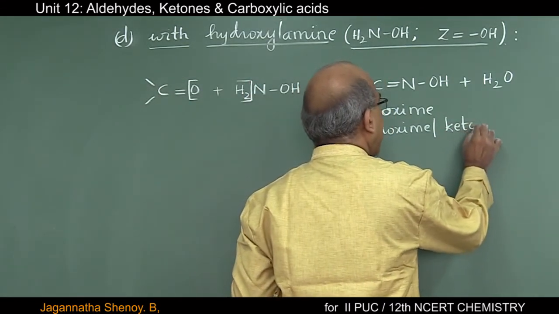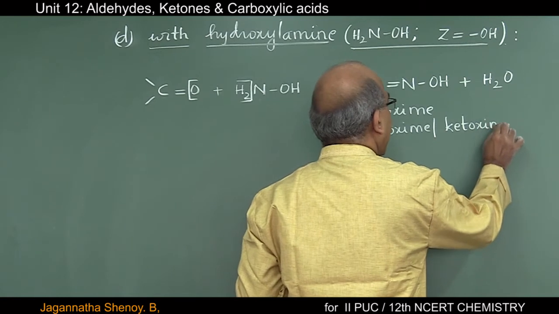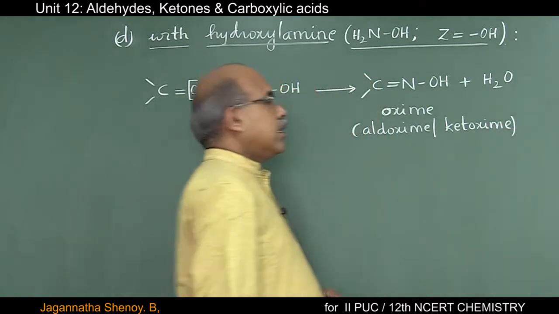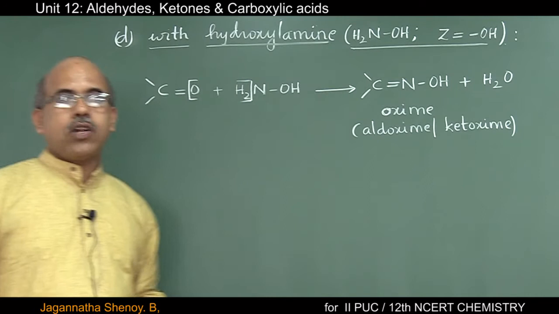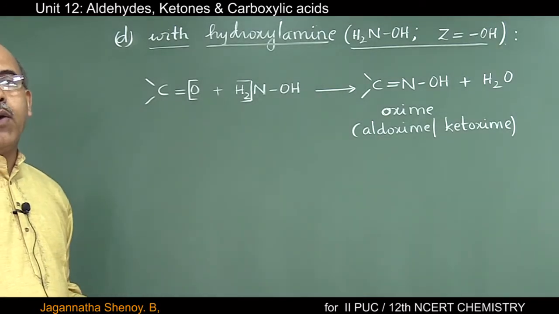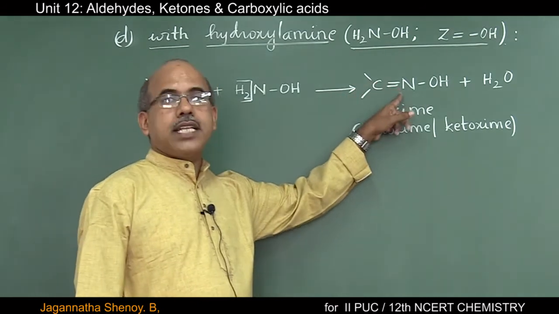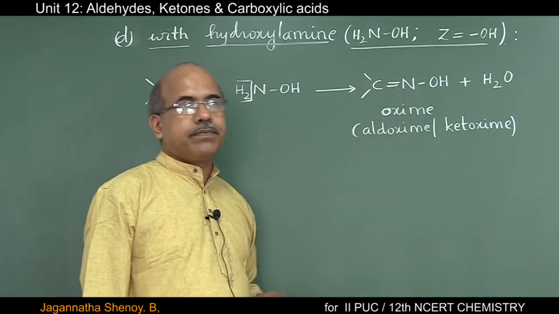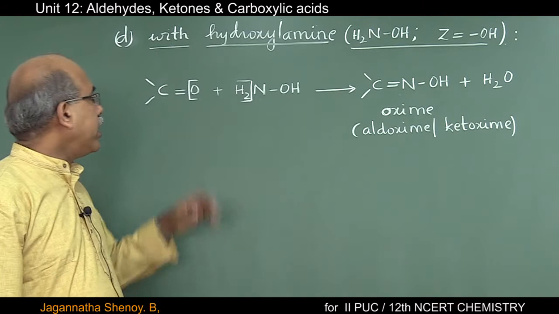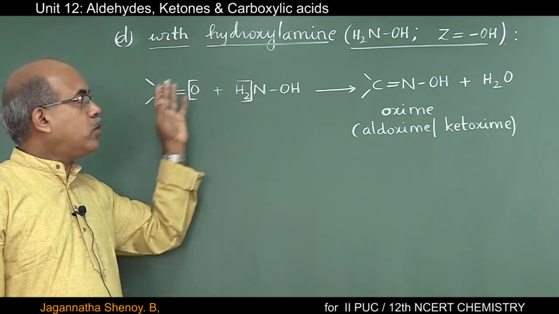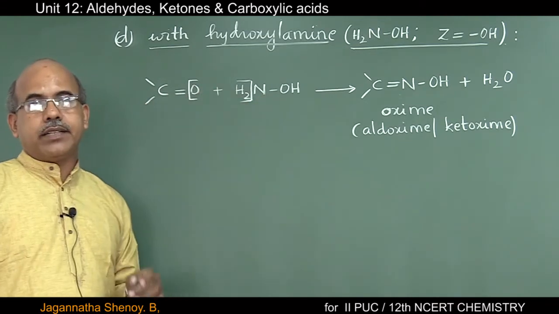In short, I call it ketoxime. The one mark question that is asked on this concept is, what is an oxime? You know, oxime is the condensation product due to the reaction between a carbonyl compound and hydroxylamine.